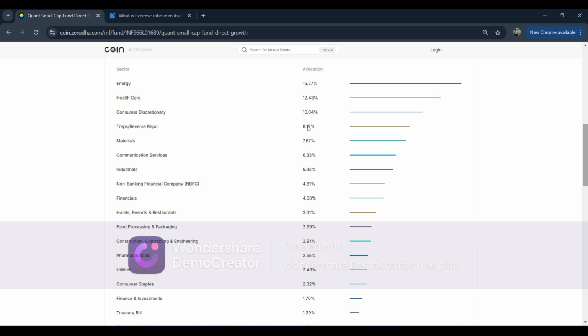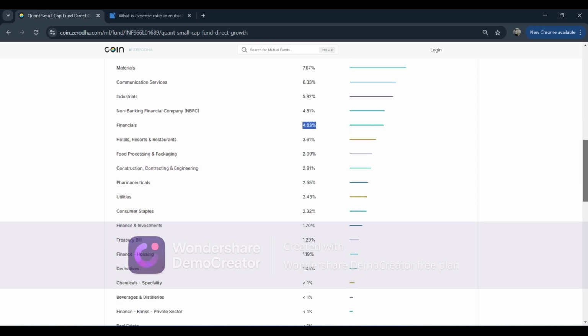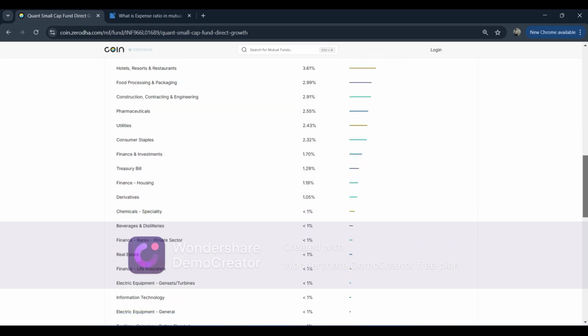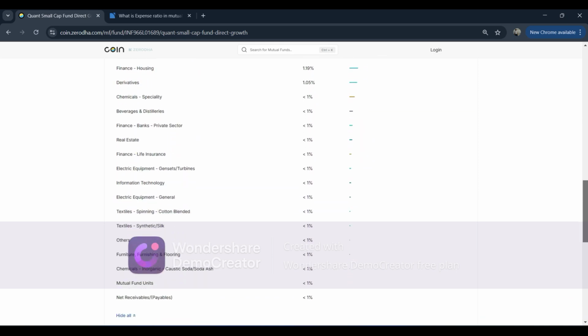This is a kind of bank deposit, as the mutual fund has to keep a share of cash amount. Then materials, companies dealing with oil and materials, will have 7.67, consumer services, communication services, industrial, NBFCs, financial. So in this specific percentage, your 100 rupees will be divided through all the sectors as specified over here. So your money is being divided in these many weightages.